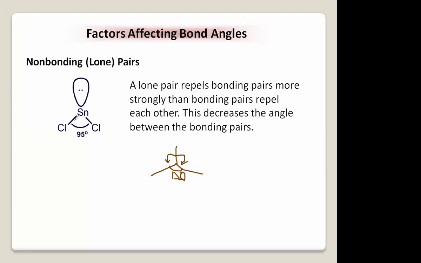So you would see that one factor that affects the bond angle is the presence of a lone pair. So the presence of a lone pair plays a significant role in what you have as the shape and the bond angle of your molecule.